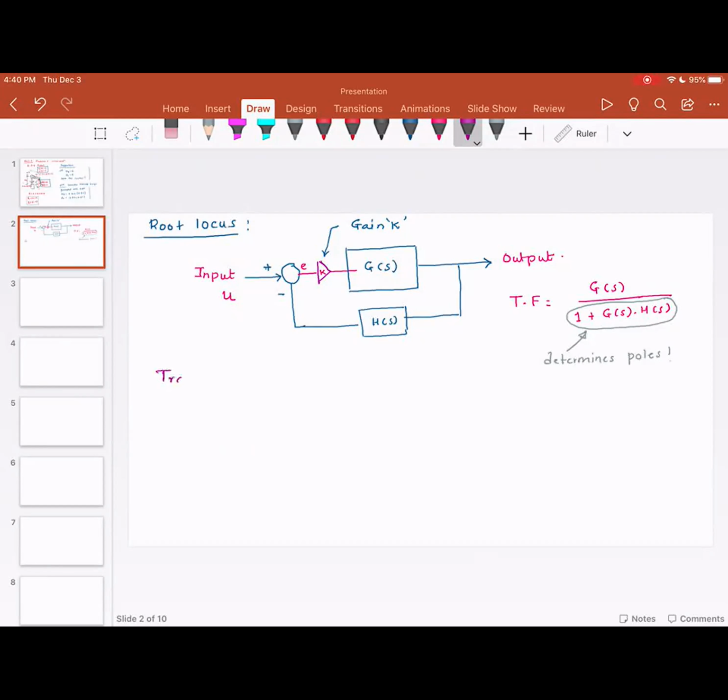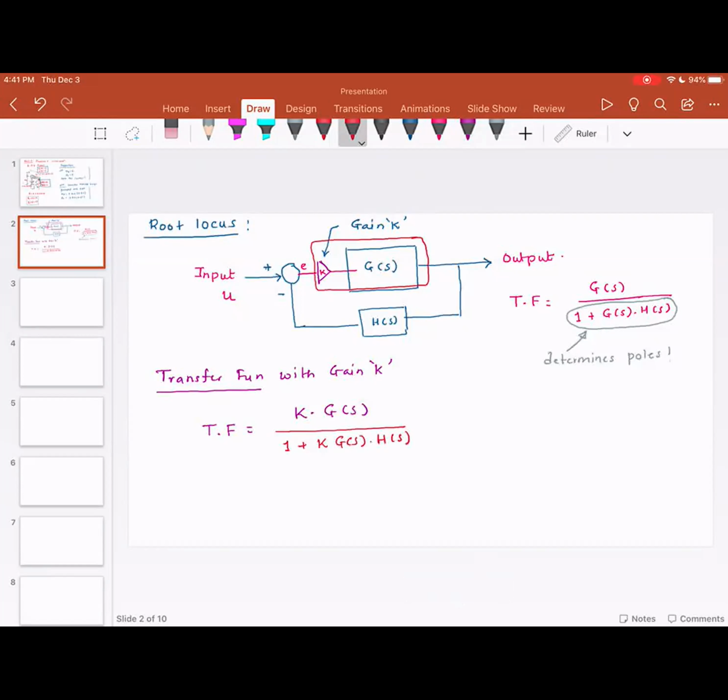The transfer function with gain K becomes K times G of S. Initially what was G of S has now become K times G of S. So now this block has become 1 plus K times G of S H of S.